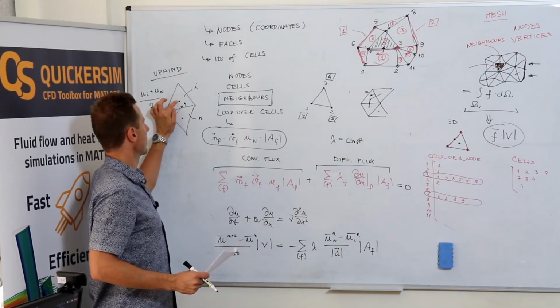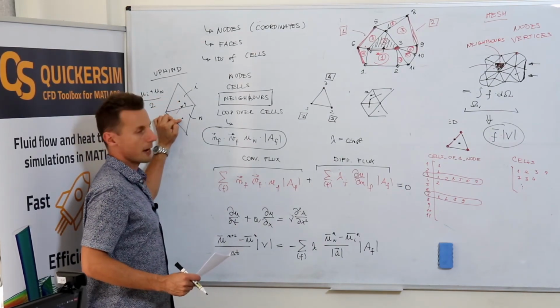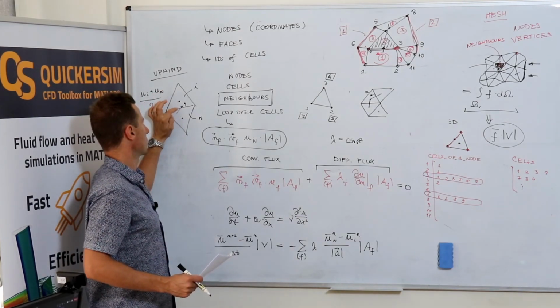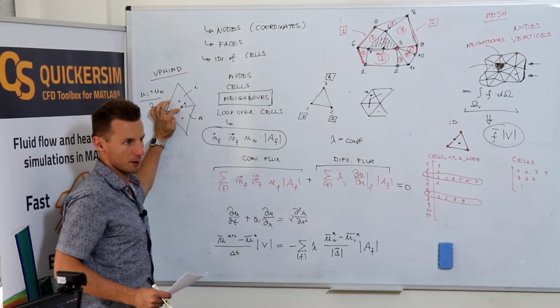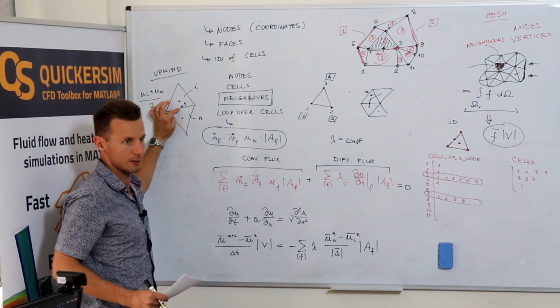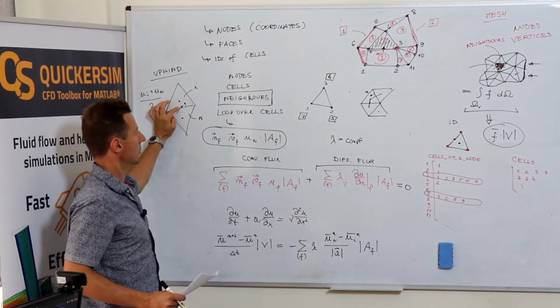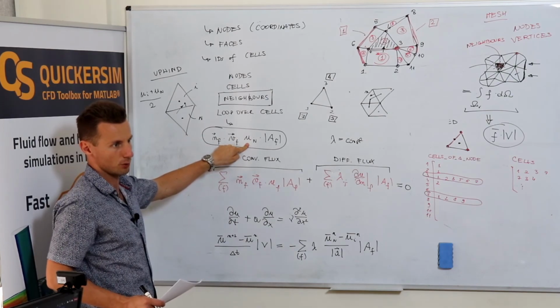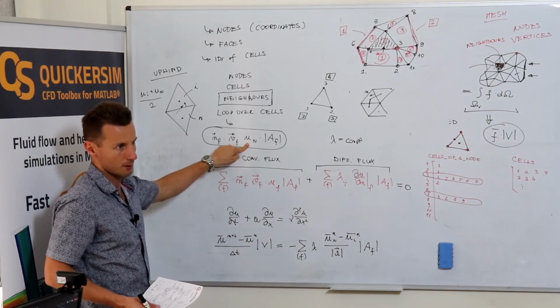Yeah, so basically if you know velocity at your cell and the neighboring cell, you would interpolate onto the face, and you would check whether it's positive or negative, and then you need to take either your neighbor's value of u or your value.